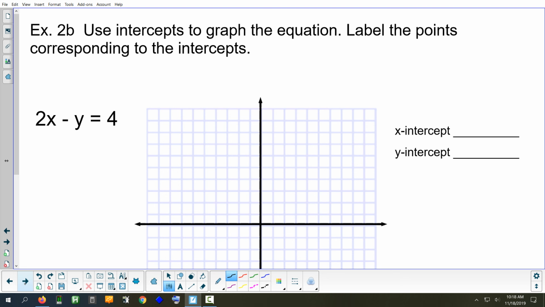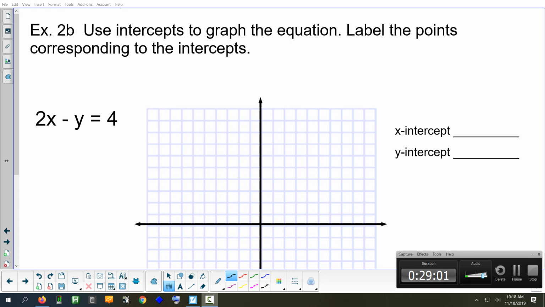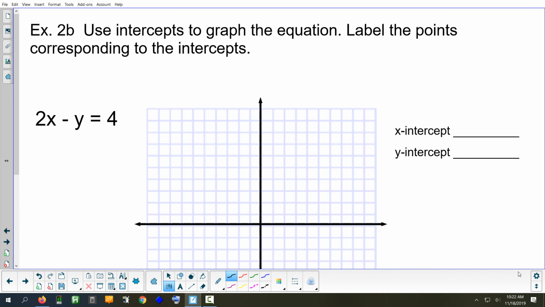I'll give you like a minute or two to do that. And then when we're done this, we'll do the last problem, which is a word problem. We'll finish with that. Okay, let's start with our x-intercept. You don't have to start with that. You can do the y-intercept first. It doesn't matter. You got to do both.